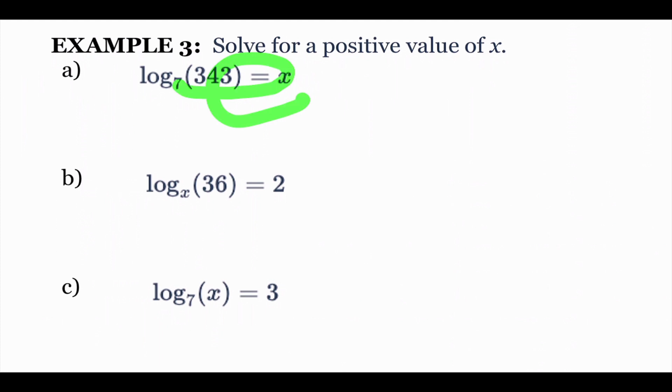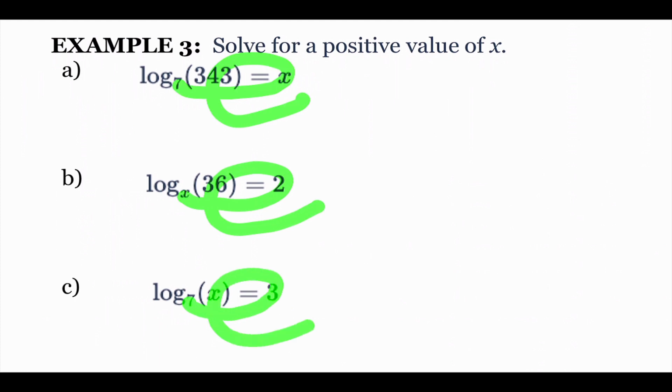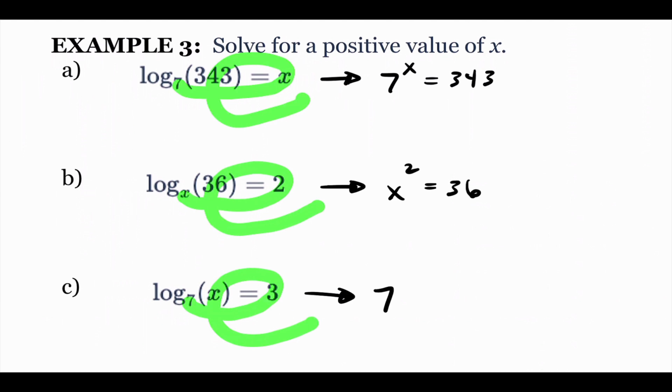If I'm going to change it to a log, I need the L. So 7 to the x power equals 343. X to the second power equals 36. 7 to the third power equals x. Now I got to figure out what's the missing part.